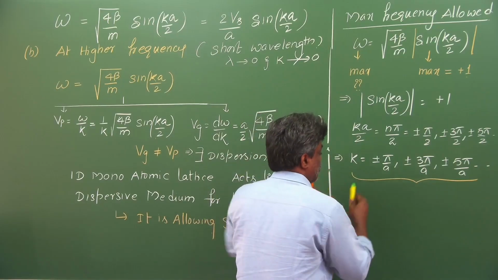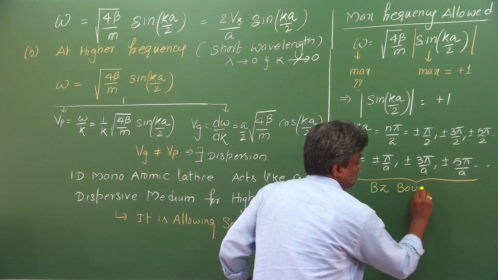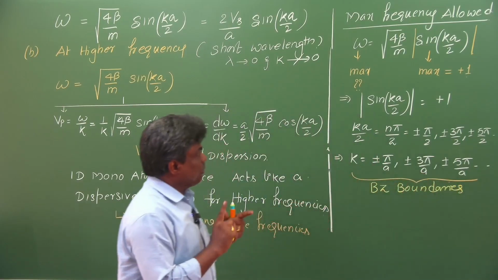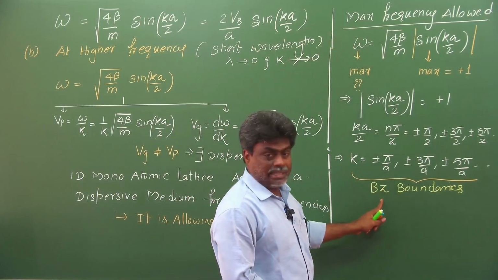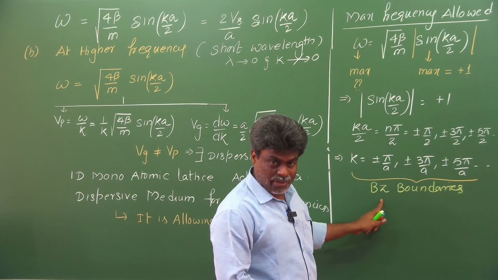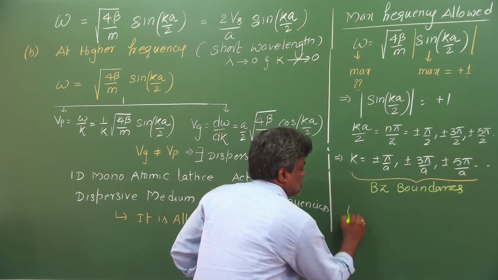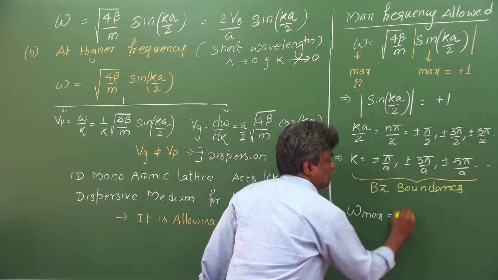So these are nothing but Brillouin zone boundaries. In this discussion we understand that the maximum frequency exists at the Brillouin zone boundaries. Now let us see what that value is. Omega max, we already said this is equal to 1. Could you please tell me how much it is?